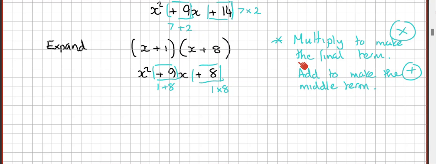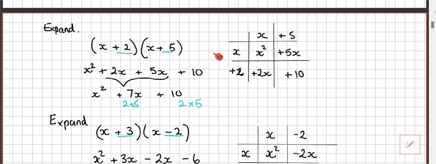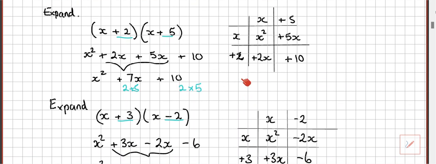Just to remind you then, what we did is we did some expanding to look at the pattern to help us factorize, which is the opposite. And the pattern that we discovered is basically when you expand, the number at the end that has no x is the result of taking these two numbers and multiplying them.